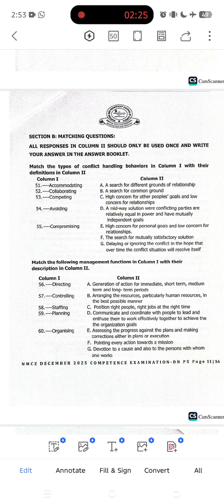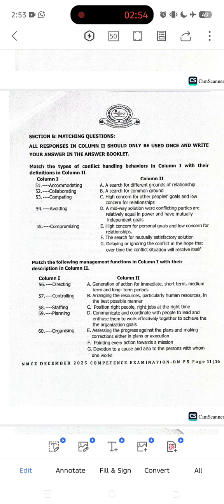So 51 in this case is C. 52, which is collaborating, is B, which is a search for a common ground. Then 53 competing is E, which is saying high concern for personal goals and low concern for relationships.